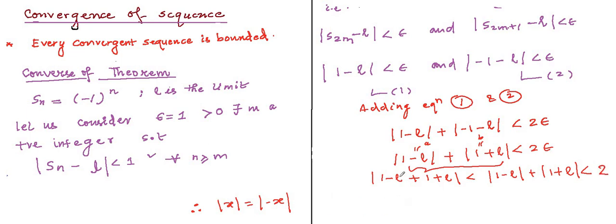Now if you simplify this, L gets cancelled, here it is 2, and 2 is less than 2. And this result is not true. This is absurd.